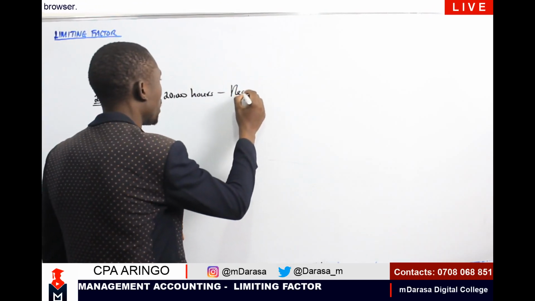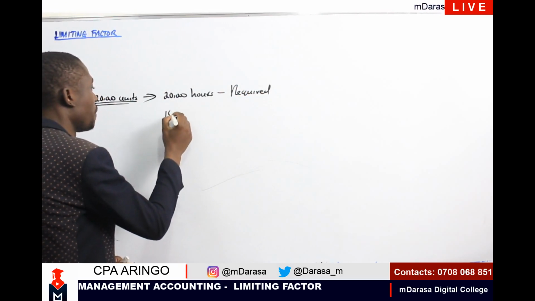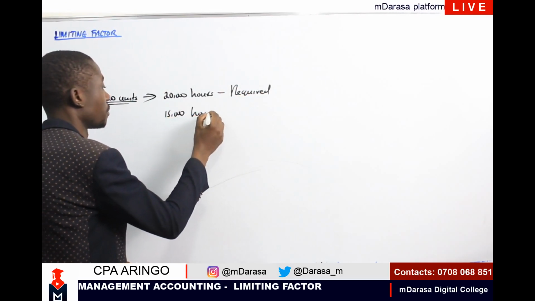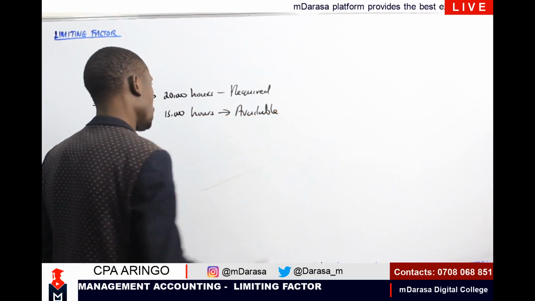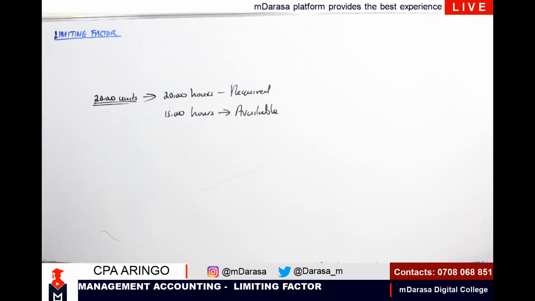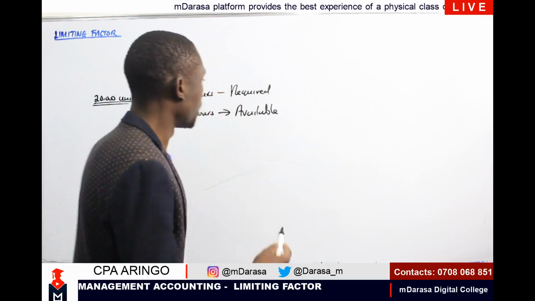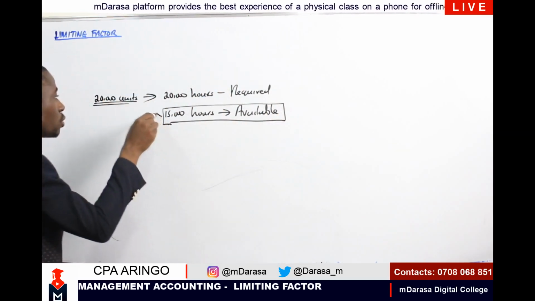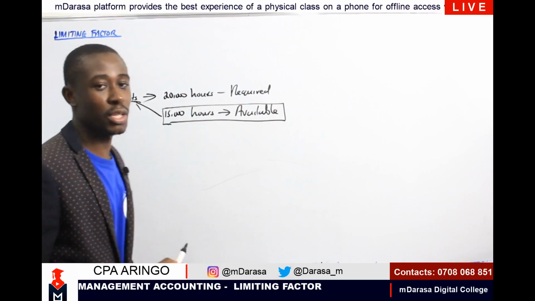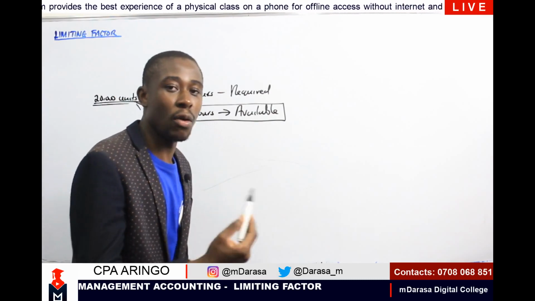This is the required, but you'll find that the available resources in the organization are maybe only 15,000 hours. So this is available. We want to produce our maximum of 20,000 units, and we only have 15,000 hours. You'll find that the number of hours here will limit us from producing our maximum of 20,000 units. So in this event, these hours will be our limiting factor.